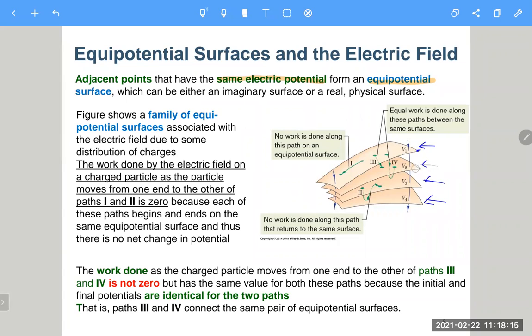And for this one, all the potential is V2, and so on. Actually, it is also an imaginary surface. It does not really exist. Even in empty space, you can calculate the equipotential surface. So it's not really a surface you can see.